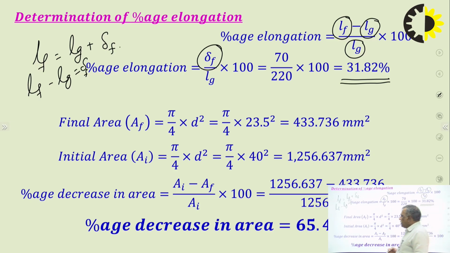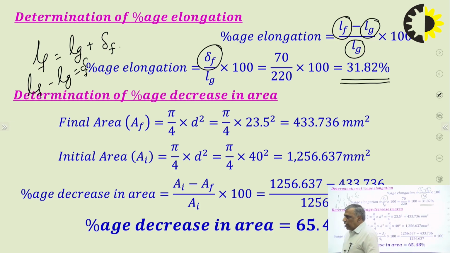Now the percentage decrease in the area. For percentage decrease in the area, we must have the final area and the initial area, then the difference upon the original area multiplied by 100. So the final area is pi by 4 into df square, where df is the final diameter at the point of fracture.